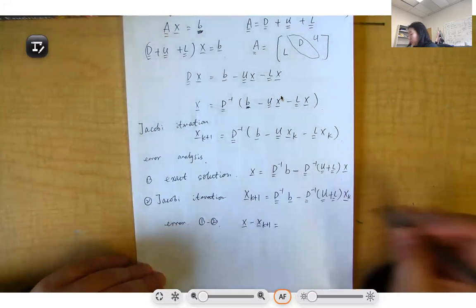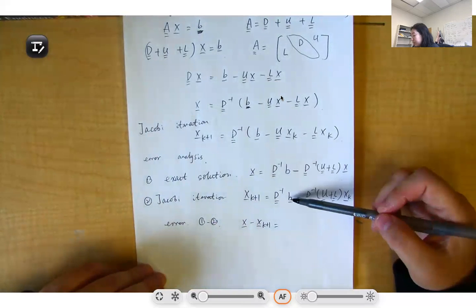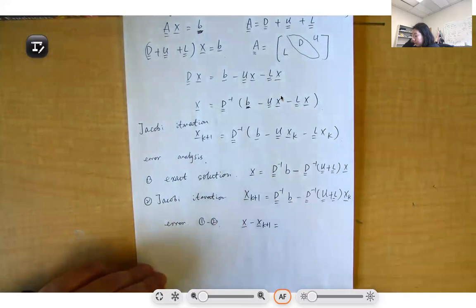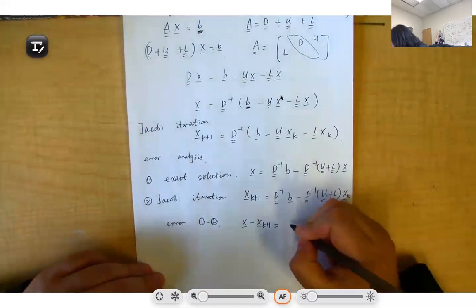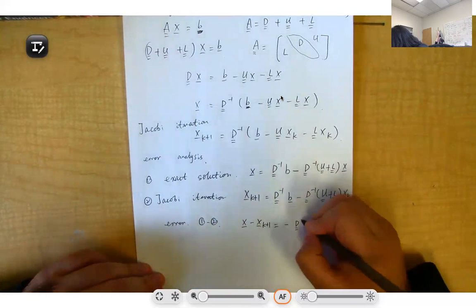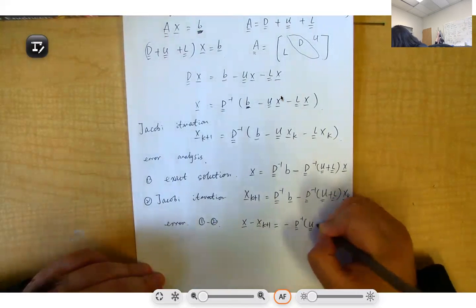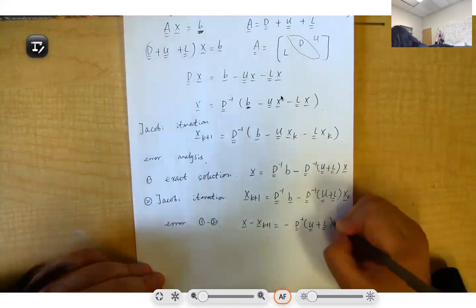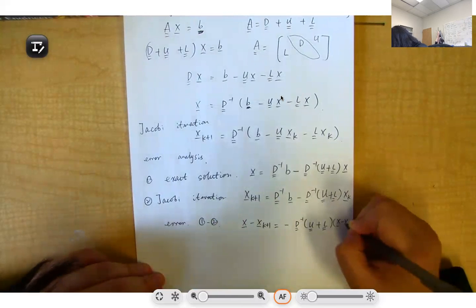That will equal D inverse B minus D inverse B, which cancels out to 0. Then it should be minus D inverse (U plus L) times (x minus xk).